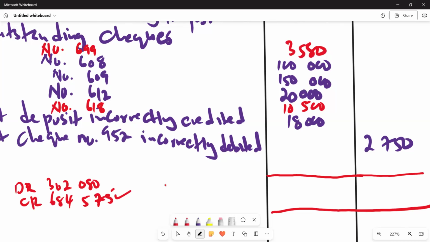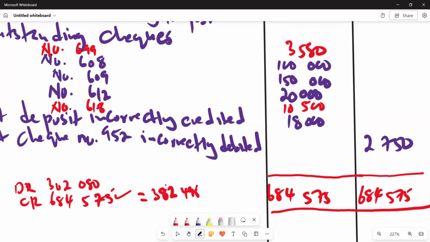So it's the one that is supposed to come in between the double lines, both sides. 684,575, 684,575. And then having done that, we now find the difference between the credit and debit, whereby I say 684,575 minus 302,080, and you're going to get a balance of 382,495.